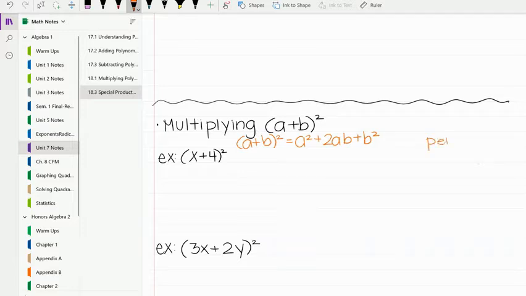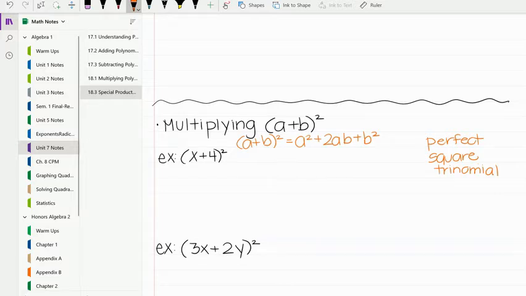This is called a perfect square trinomial. So we've provided a formula for multiplying a binomial times itself. We're going to use that formula, and some people will use it and some people won't. So we'll get there.